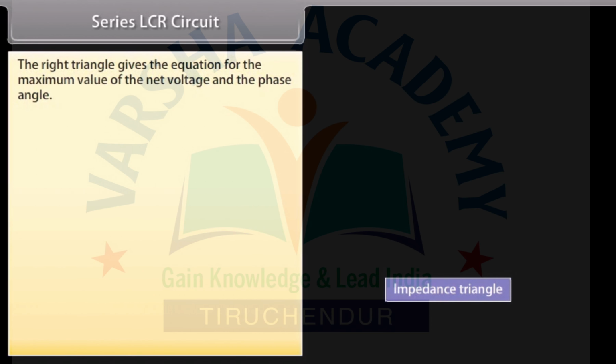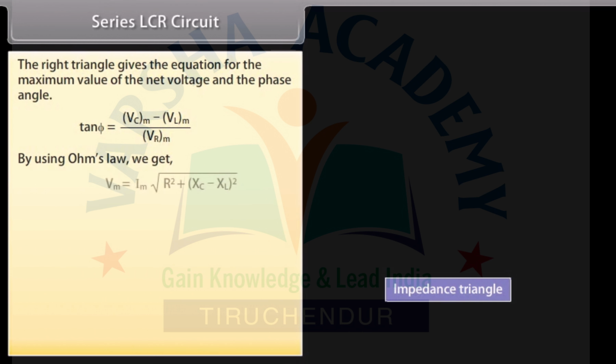The right triangle gives the equation for the maximum value of the net voltage and the phase angle. Tan phi is equal to VC maximum minus VL maximum upon VR maximum. By using Ohm's law, we get Vm is equal to Im multiplied by under root of R square plus XC minus XL square.